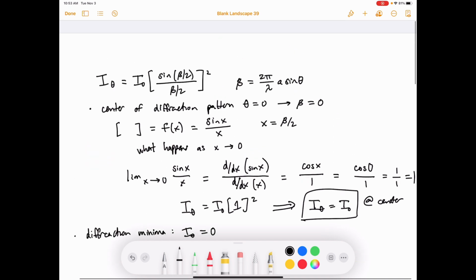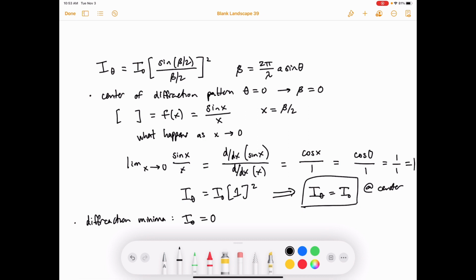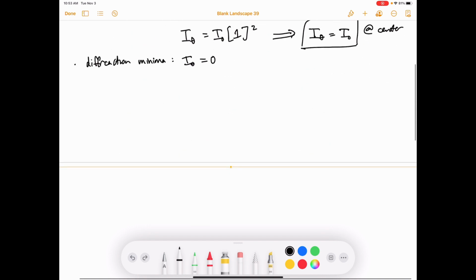And if we go back to the original expression, the only way for the intensity to go to 0 is if sine beta over 2 goes to 0, but beta over 2 is not 0 because we don't want this indeterminate expression of 0 divided by 0. So basically we're going to say sine beta over 2 is equal to 0, okay?